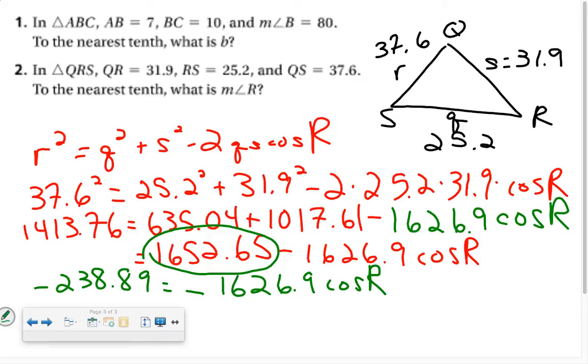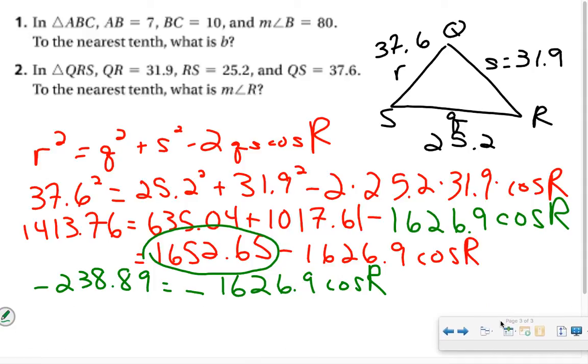Next step, in order to get the angle by itself, is to divide both sides by this number. So when I do that, I have negative 238.89 divided by negative 1626.9.